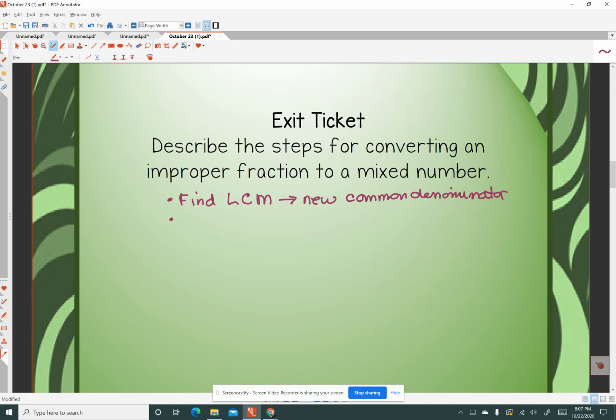We need to rewrite each fraction. If the first fraction is smaller, we need to borrow one whole.